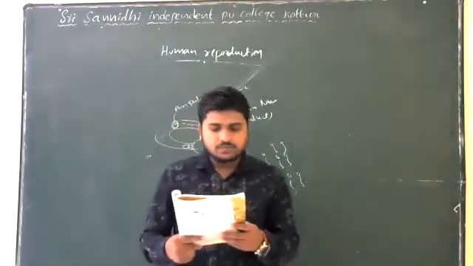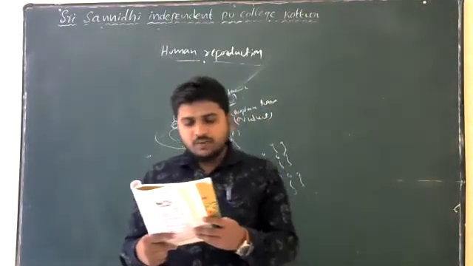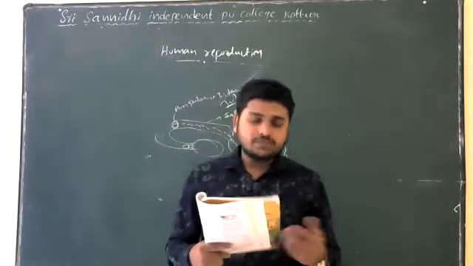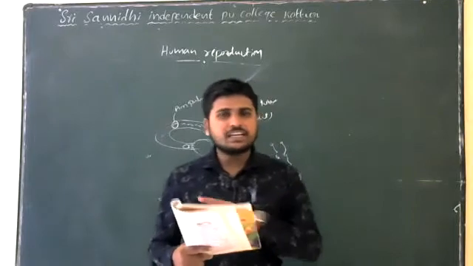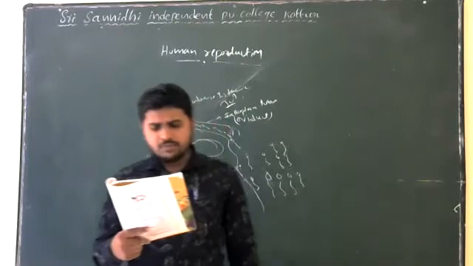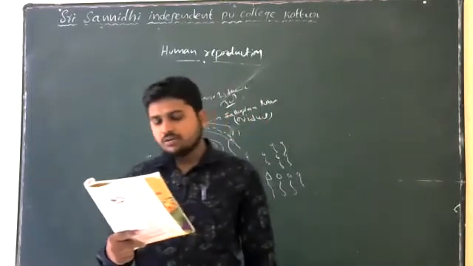Okay, third option: the sperms are transported into the cervix within 48 hours of release of the ovum. That is wrong. Completely wrong sentence. Next, the sperm are transported into the vagina just after releasing the ovum into the fallopian tube.